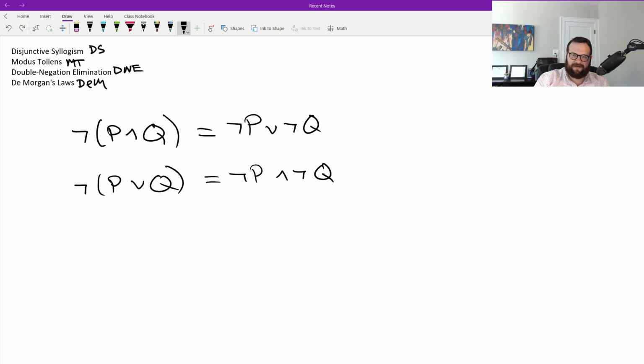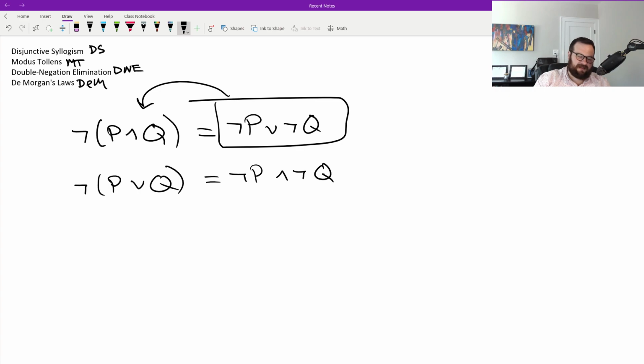Right? That's how both of these things work. Now, you can also transform from the right side to the left. So you can transform this into this. It's symmetrical. Right? You can do both. So if you find yourself with a disjunction like this one, where both of its terms are negated, like this one, know that, once again, you can flip that symbol, right?